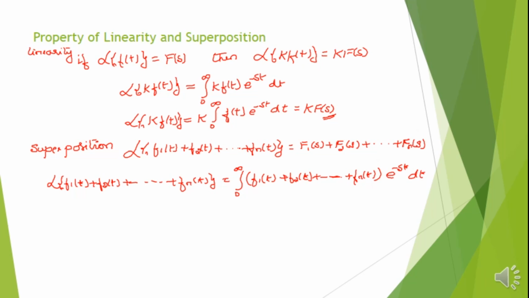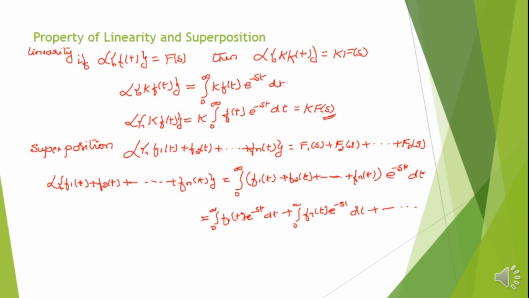This can be written as integration 0 to infinity f1 of t e to the power minus st dt plus integration 0 to infinity f2 of t e to the power minus st dt and so on.